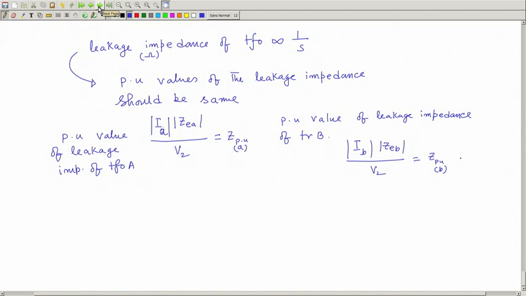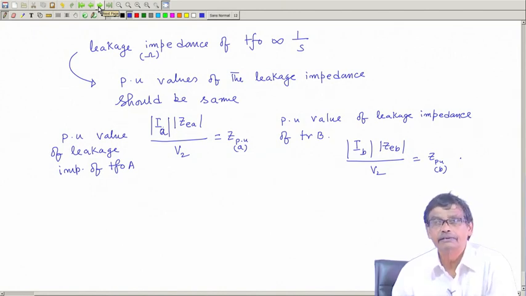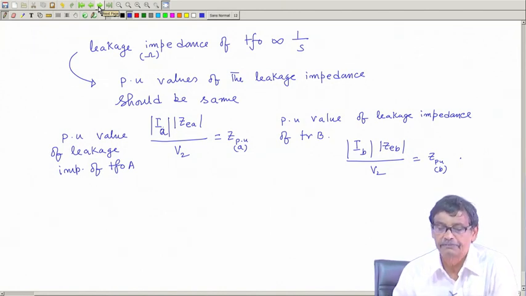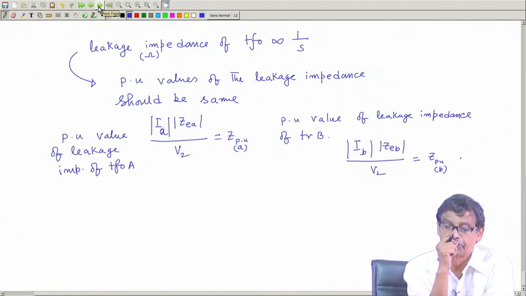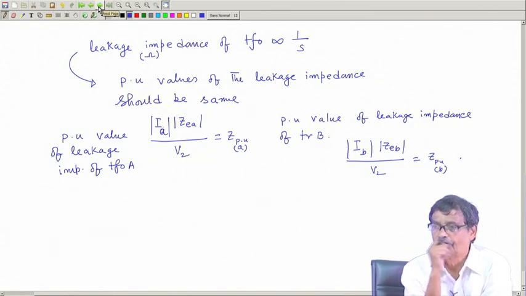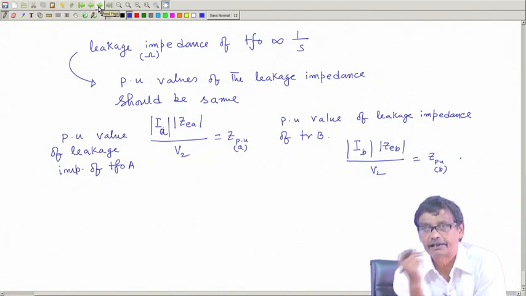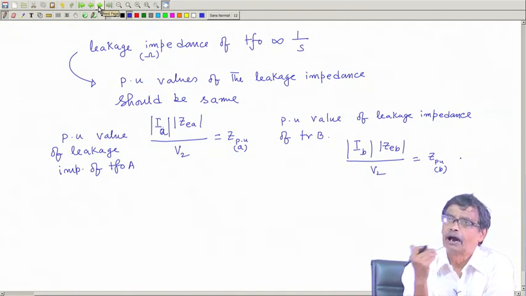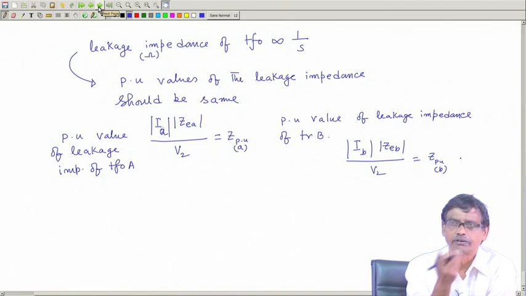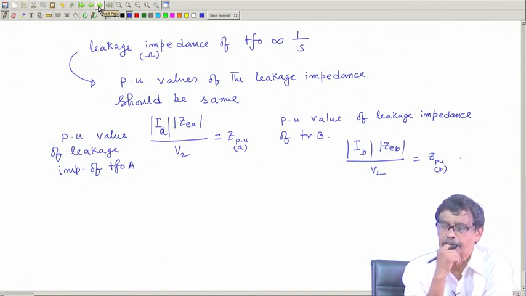And what is the per unit leakage impedance? Physically it means that when rated current flows through the transformer, there will be some voltage drop, and the magnitude of that voltage drop is expressed as a fraction of the rated voltage of the transformer of that side. And per unit values are the same with respect to secondary or primary for a given transformer.